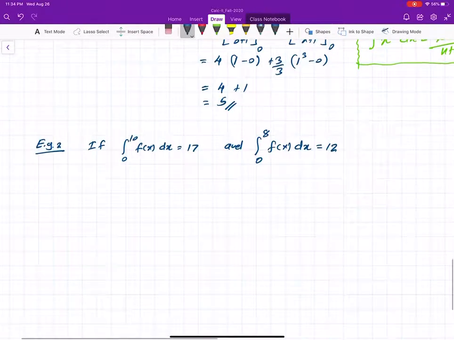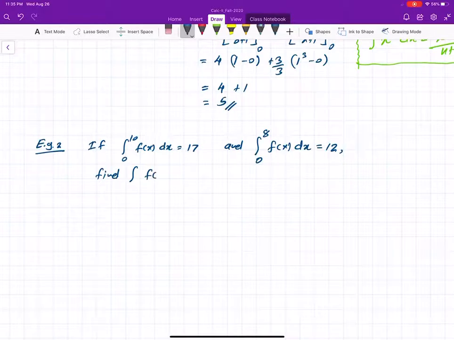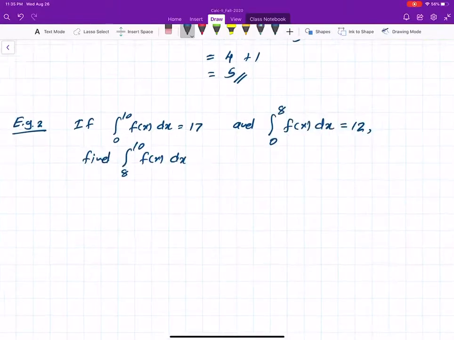Okay, so you are given these two pieces of information. Then you have to find the integration of f of x dx from 8 to 10. Okay, so this is the problem you are given.